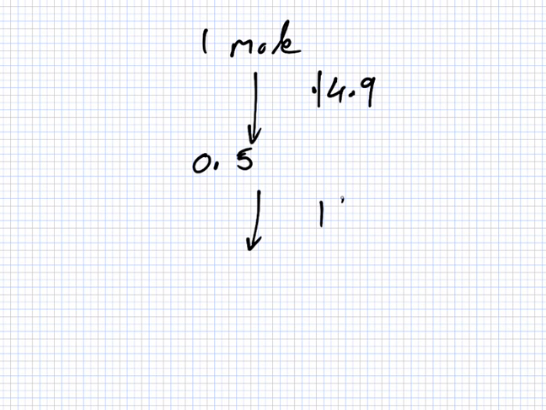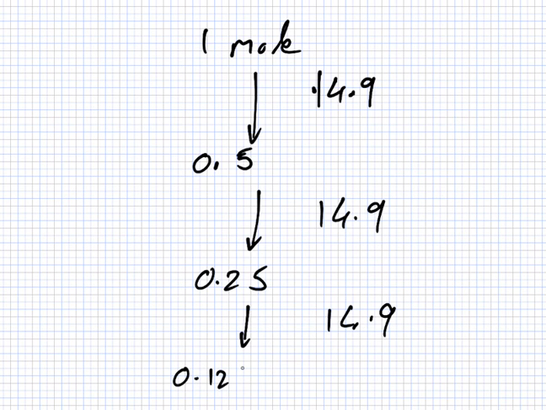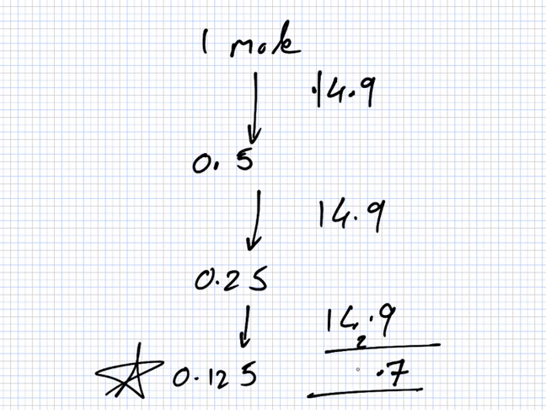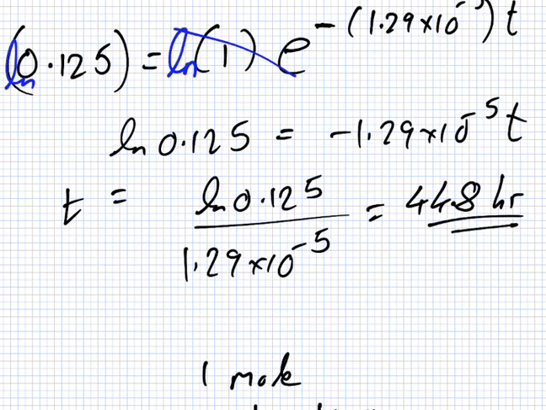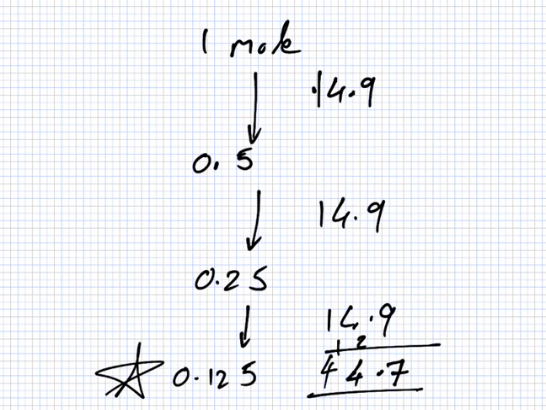After another 14.9 hours, how much do I have? 0.25. After another 14.9 hours, how much do I have? 0.125. So it should be the same as 3 half-lives. What's that, 3 times 14.9? 4, 8, 12, and 2 is 14. 44.7. Not too bad. Rounding error.